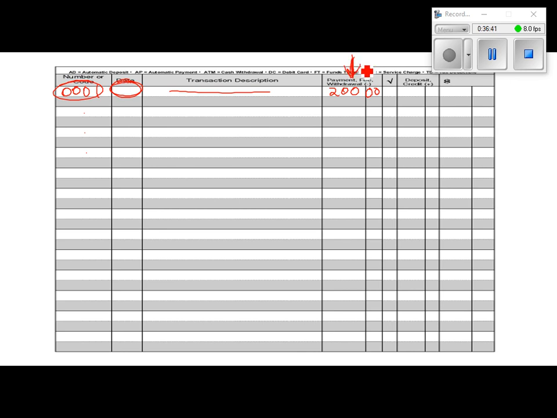This is just your check register so that you can keep track of where your money went. The longer middle column, that's where you put who it's to and what it was for. This is all for your records, so what you write in there is just for your benefit.